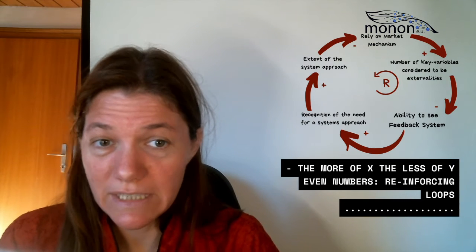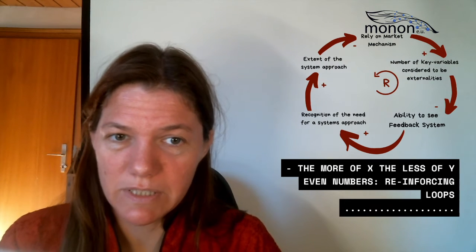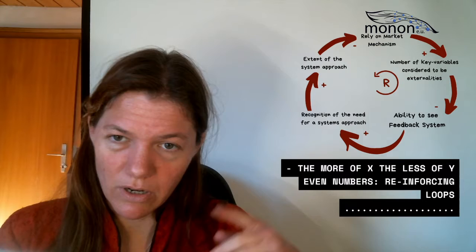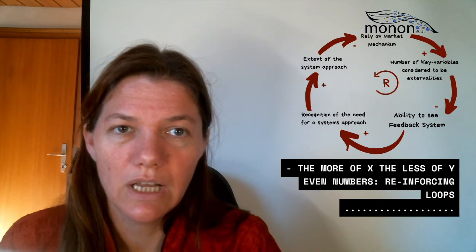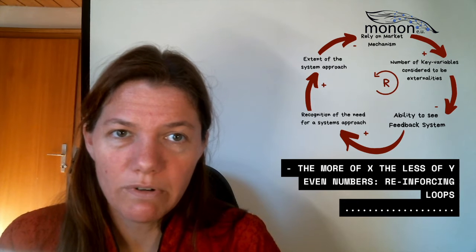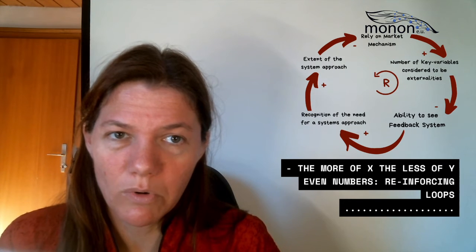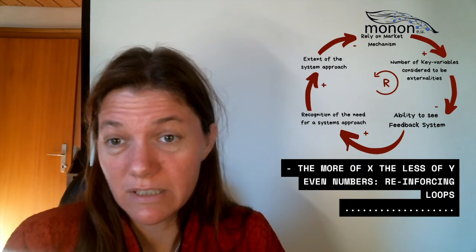So by having an even number of negative links, we still have a reinforcing loop, because it still will go up and up and up. So let's read it out loud, how it would go. The more we rely on market mechanisms, the more key variables will be considered externalities.